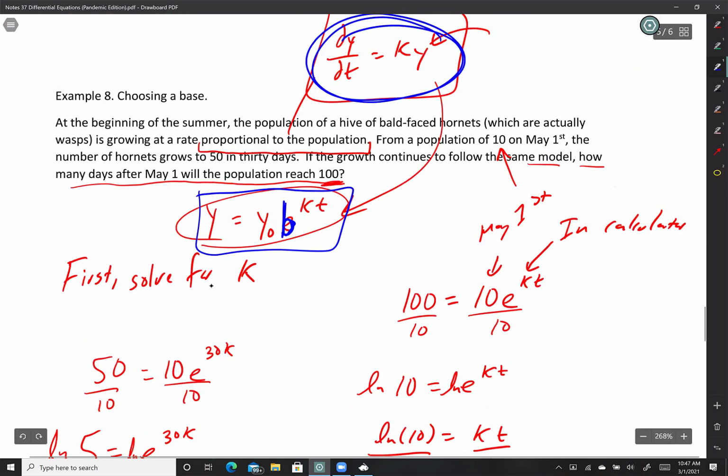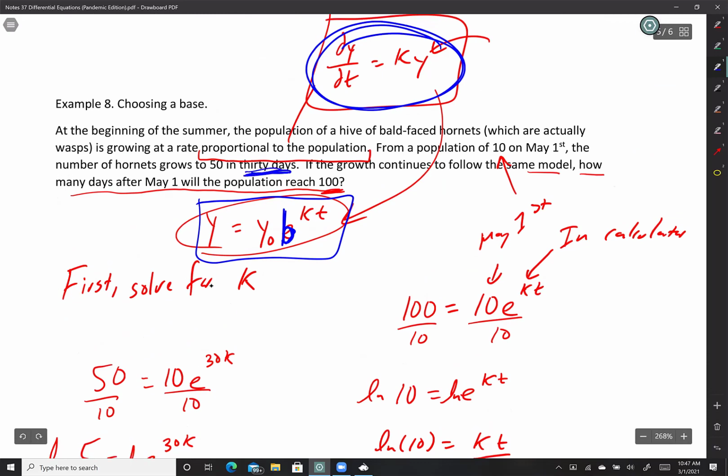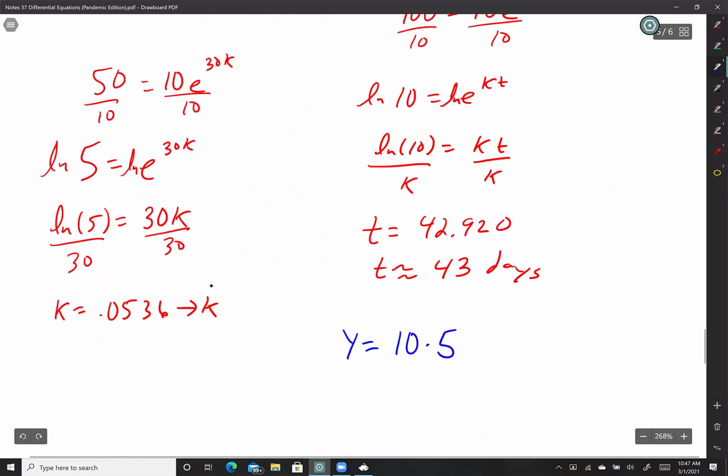In how many days? 30. So I'm going to go t over 30, not k. K in this case is 1 over 30.